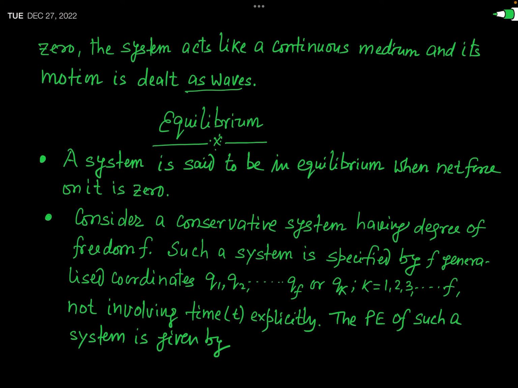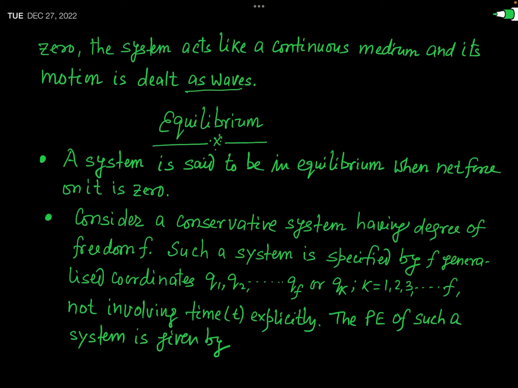If the slope of the potential energy curve is 0 in a particular state, then that state is called the equilibrium state.